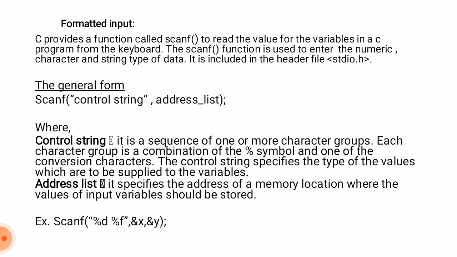And it must be preceded by the % symbol. Okay. And address list means it specifies the address of a memory location where the values of the input variables should be stored. Suppose you are reading an integer type of data, then the value of the variable will be stored at that address. Okay. Suppose integer, character or a float, based on the conversion character, the values of that variable will be stored in the address list.